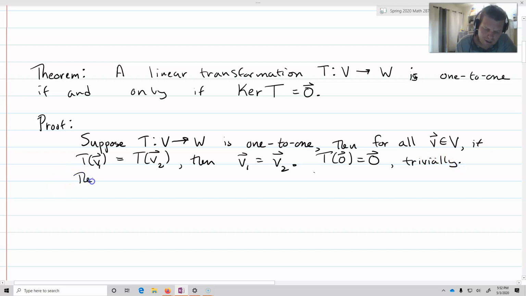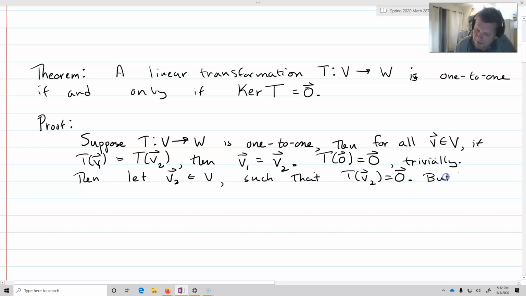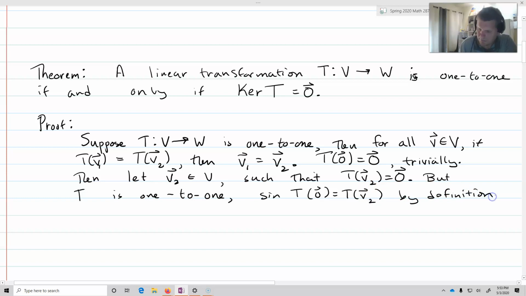Then we let v2 belong to V such that T of v2 equals 0. But T is one-to-one. Since T of 0 equals T of v2, by definition, v2 has to equal 0.